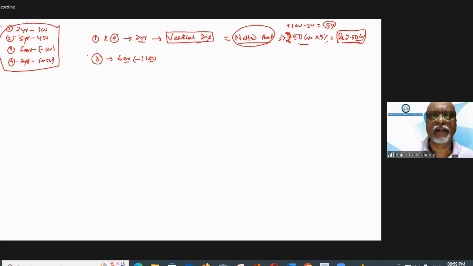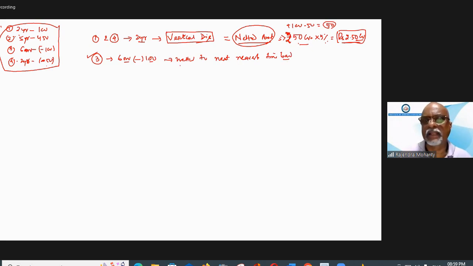The lowest maturity band we found is number 3, which is 6 months, a short position of minus 100. So this position of minus 100 for 6 months has to be netted to the next nearest time band.